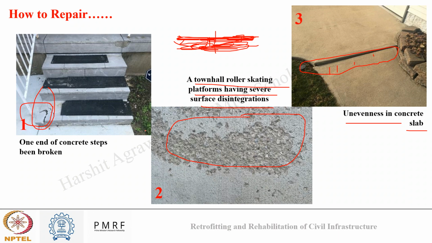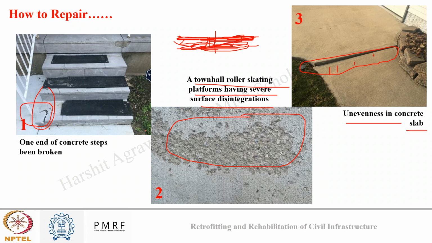But in these roller skating cases, sir, nowadays polymer mortar is available. High resistance polymer mortars are available, but it is too costly. Is there any economic method of doing this? So if it is too costly, you can simply go for shotcreting.